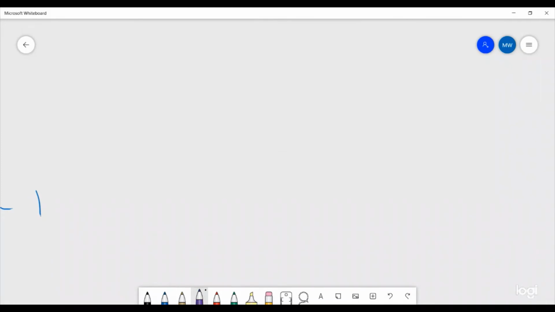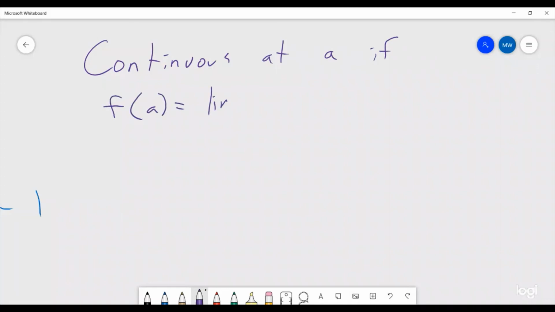A function is continuous at a point a if f of a is equal to the limit as x approaches a of f of x.